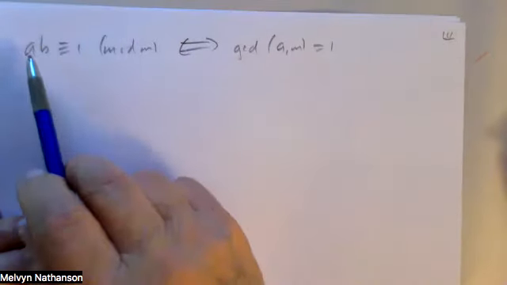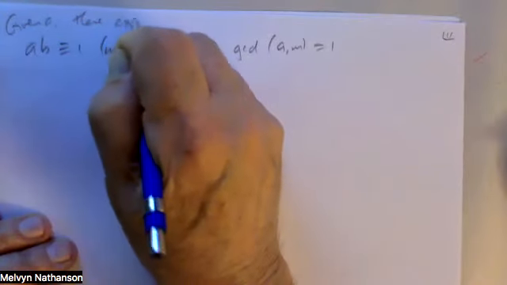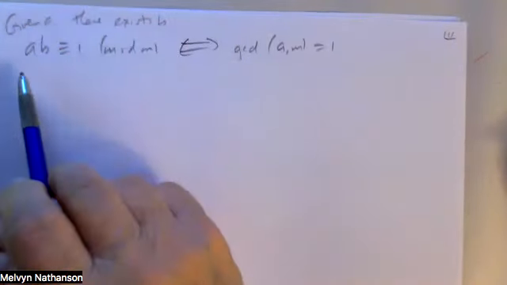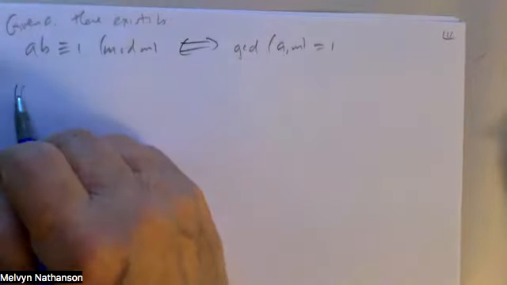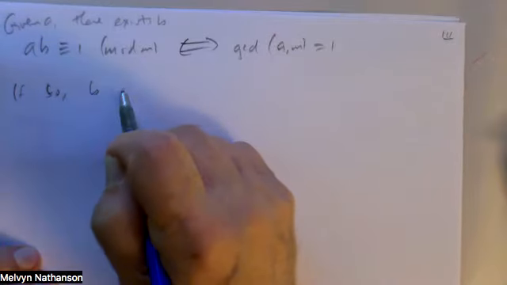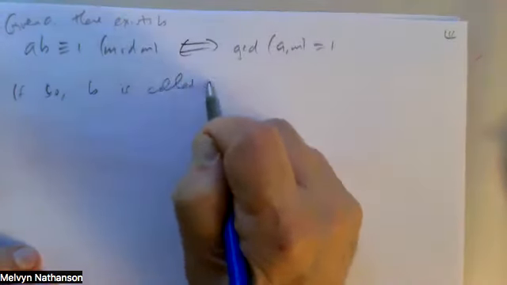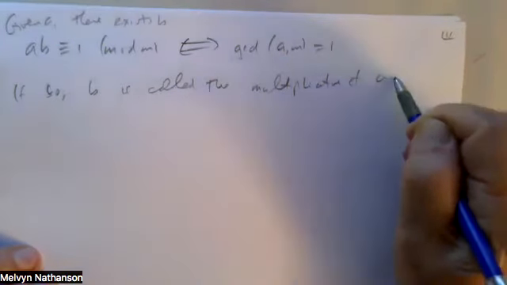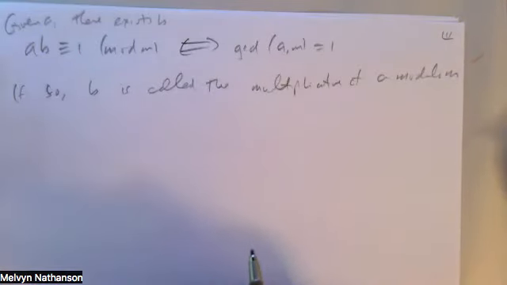In other words, given a, there exists a b such that ab is congruent to 1 mod m if and only if the greatest common divisor of a and m is equal to 1. And if so, b is called the multiplicative inverse of a modulo m.